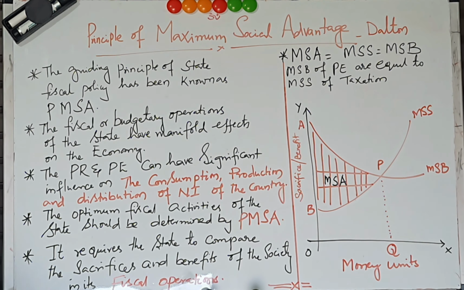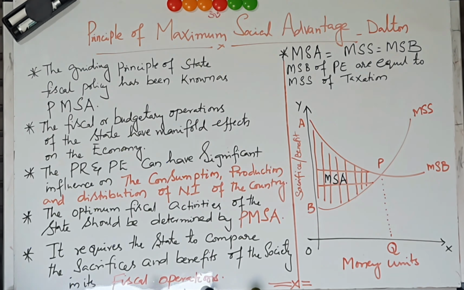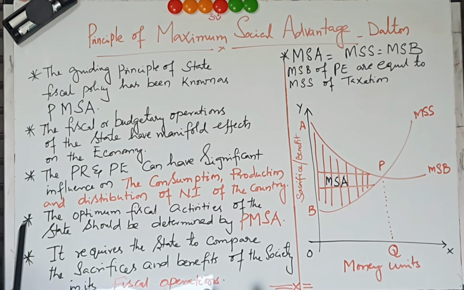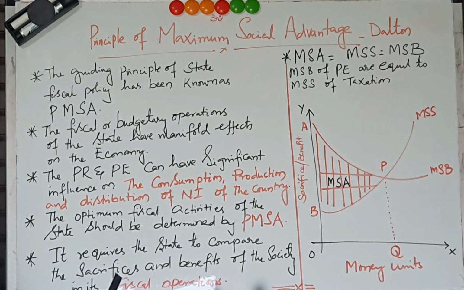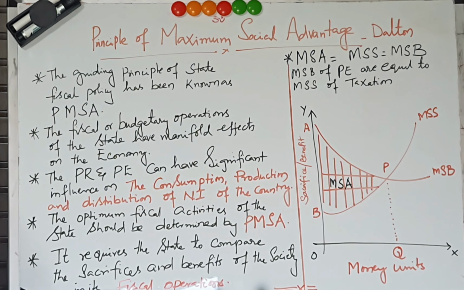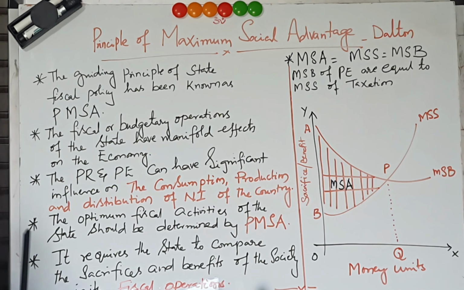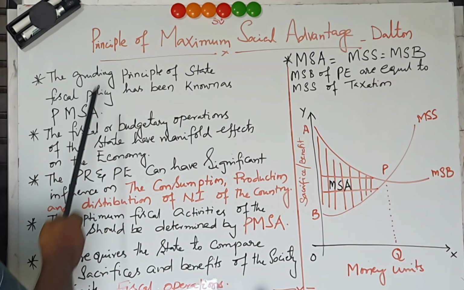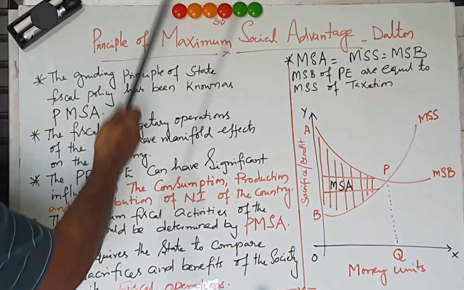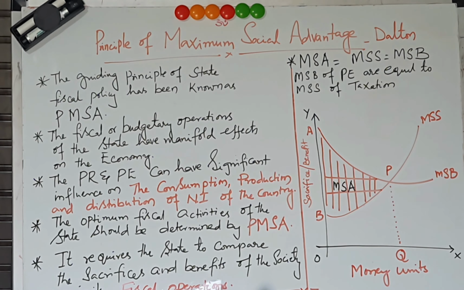These are the guidelines to be followed by the governments while making public expenditure. So the policy behind the public finance or the public expenditure made by the governments is the principle of maximum social advantage.